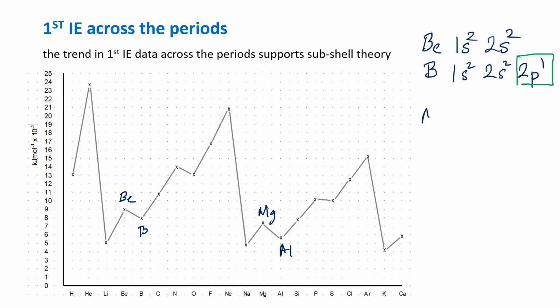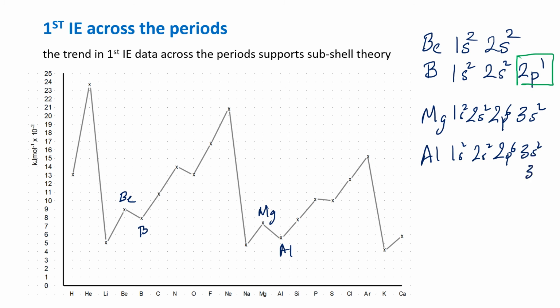And we can look at magnesium. If we look at magnesium, it's 1s2, 2s2, 2p6, 3s2, whereas aluminium is 1s2, 2s2, 2p6, 3s2, and I'll just squeeze it down here, 3p1.